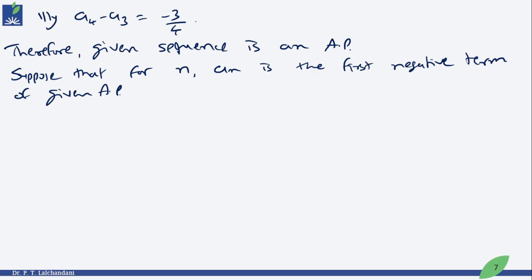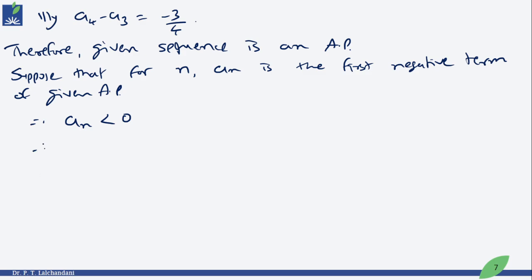Okay, so it means that an is less than 0, right? An is less than 0 because it is a negative term.